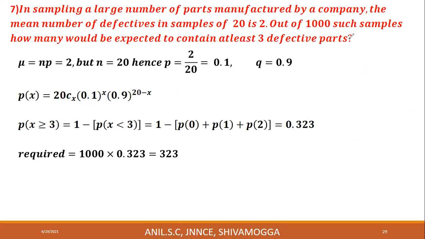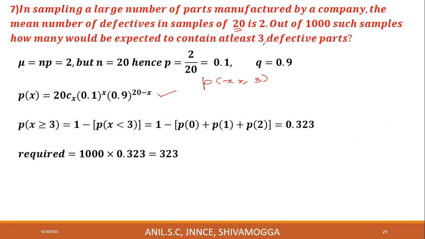Next, out of 1,000 such samples, how many would be expected to contain at least 3 defective parts? First, let's find the probability with respect to this sample. How many would be expected to contain 3 defective parts? That means P when X is greater than or equal to 3.